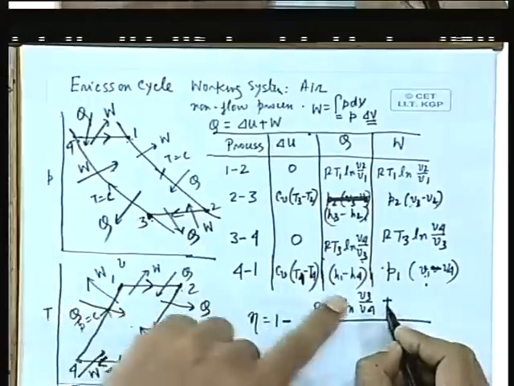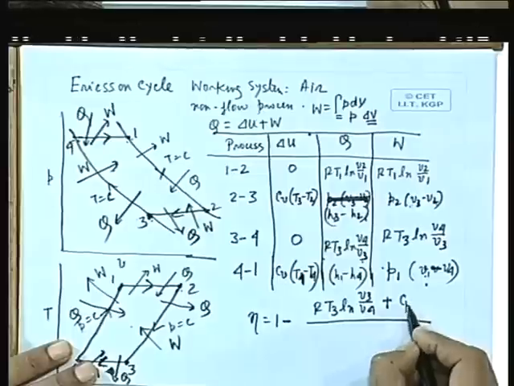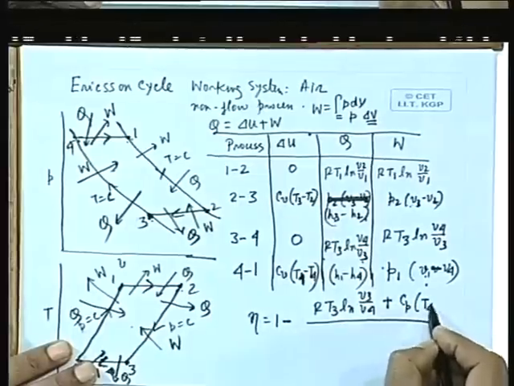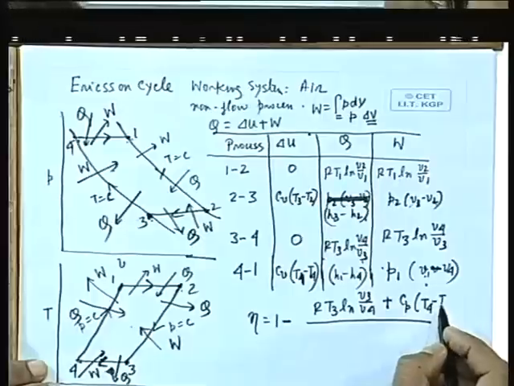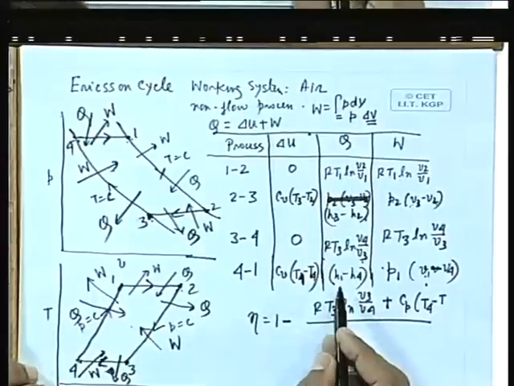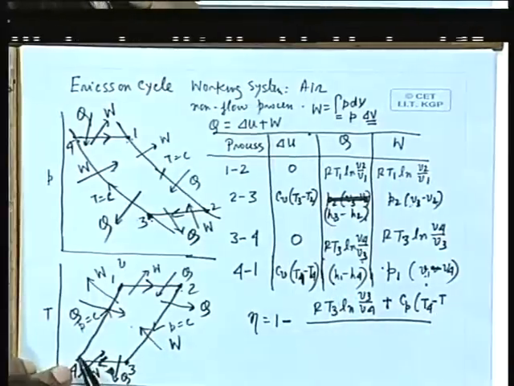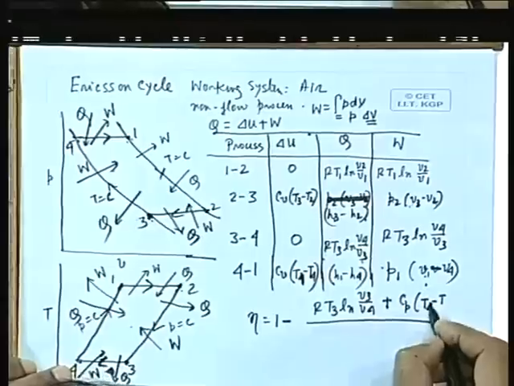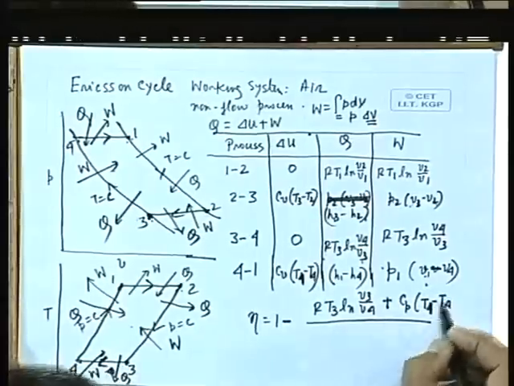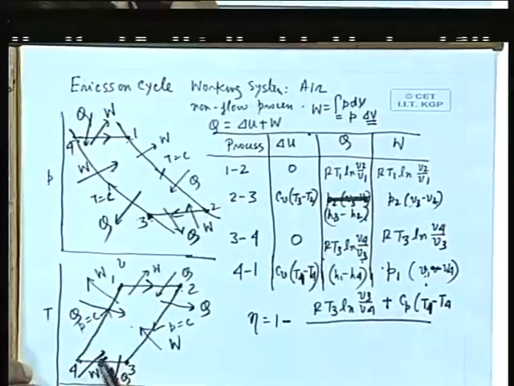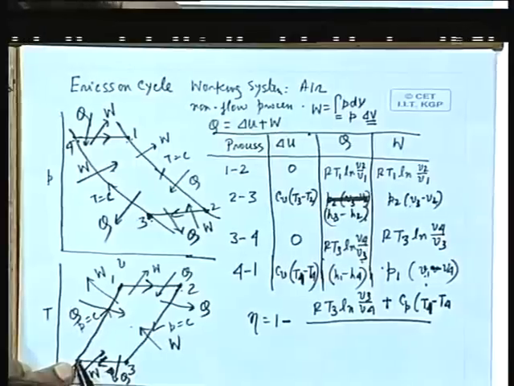And 4-1 is H1 minus H4, that is Cp times T1 minus T4. Sorry, this is the process 4-1.